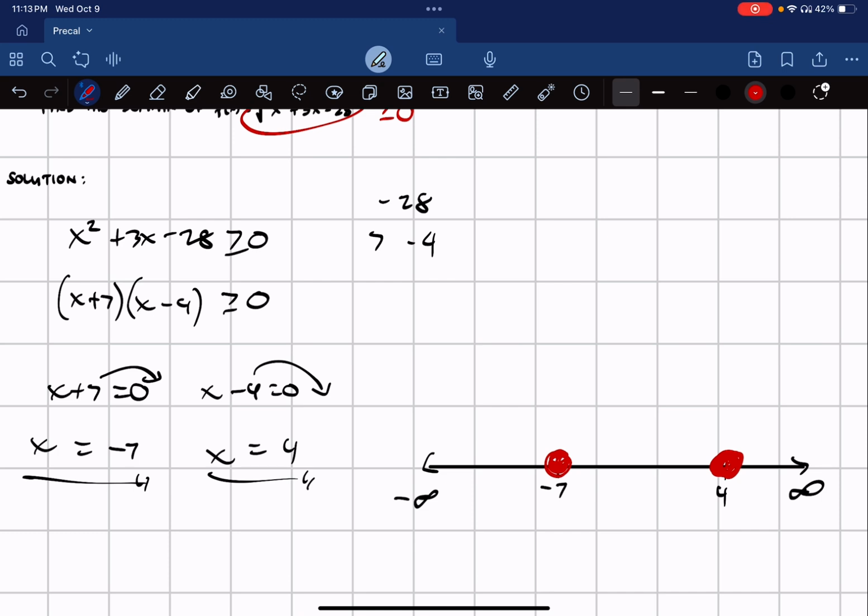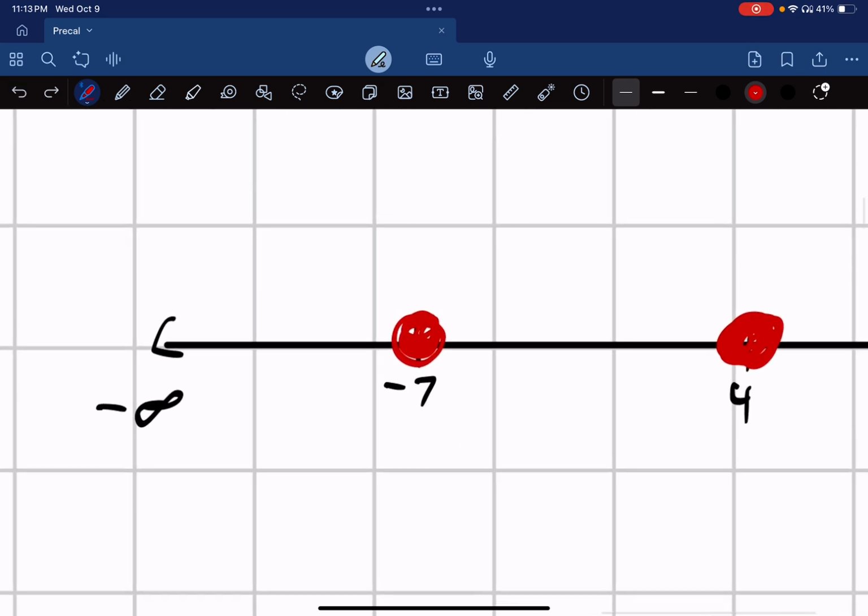Now, what we have to check is the values in between negative infinity to negative 7, negative 7 to 4, and 4 to infinity. First is values in between negative infinity and negative 7. We can have negative 10.